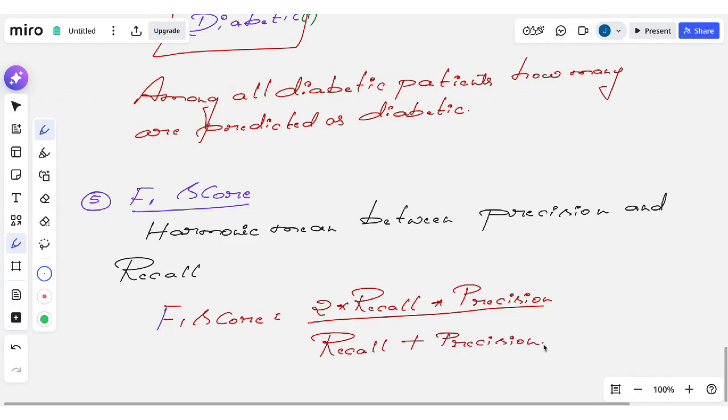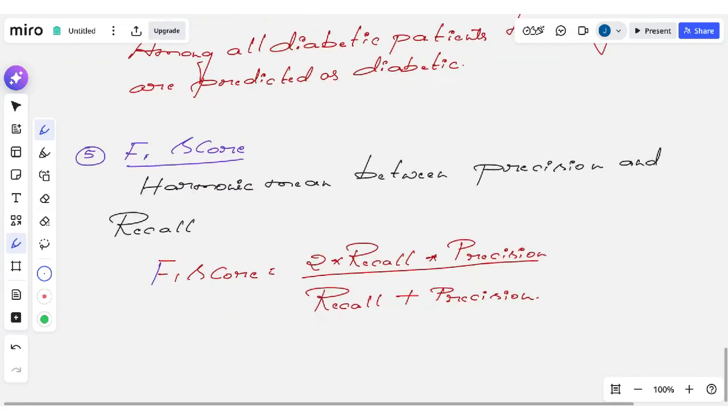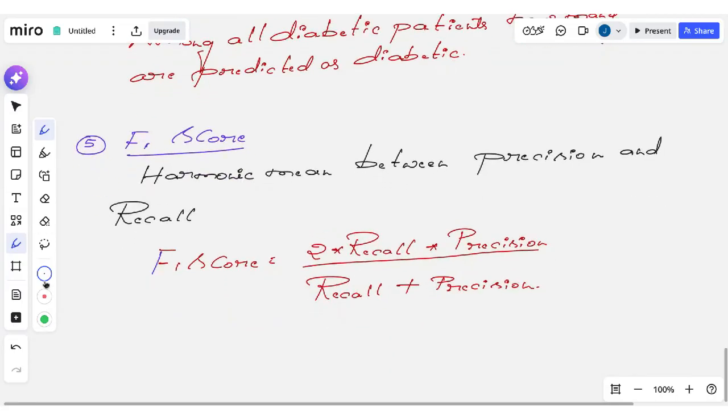So these are the five important metrics used to evaluate a classification model. The important thing is that F1 score is used when both recall and precision are important.